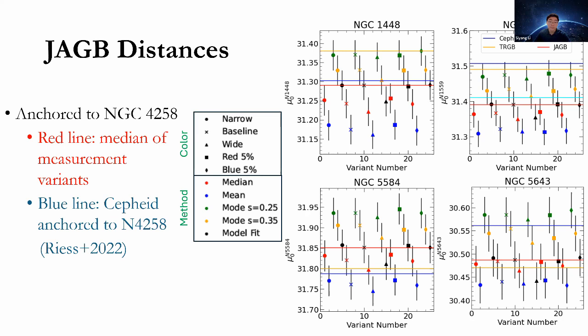Now I show in the red line the median JHB measurements across all 25 of those measurement variants. And then in blue, I show the Cepheid distance from Riess 2022 adjusted to account for only one anchor, NGC 4258. Now I also show in orange the TRGB distance, as well as the Mira distance in cyan for 1559.